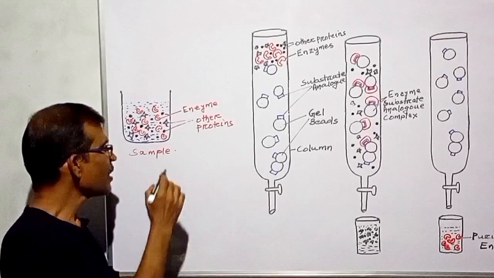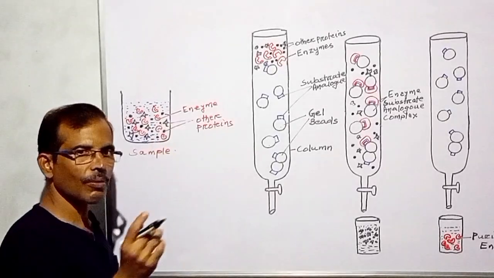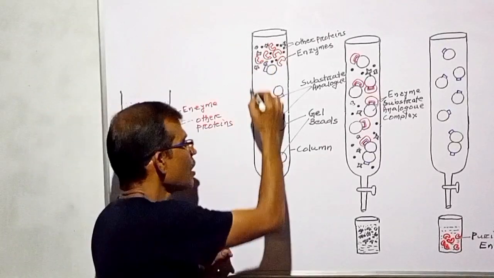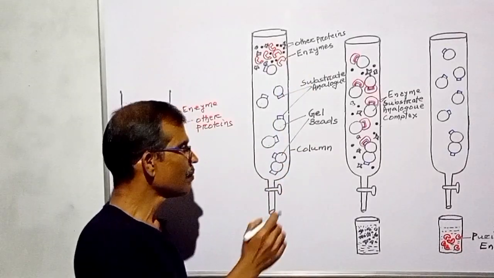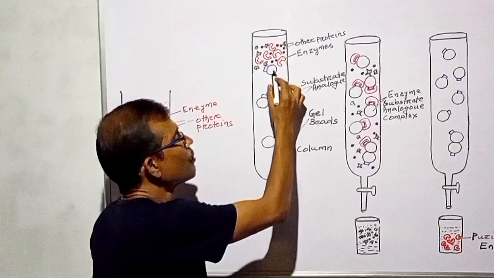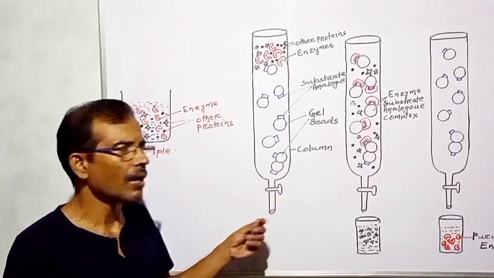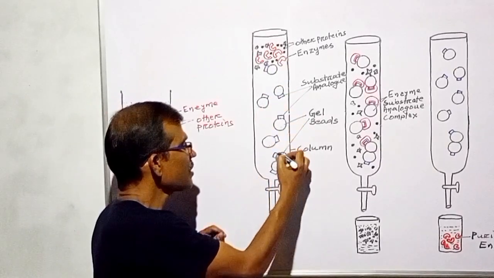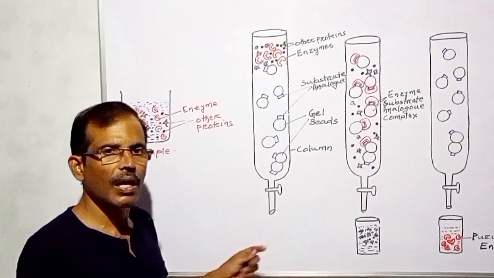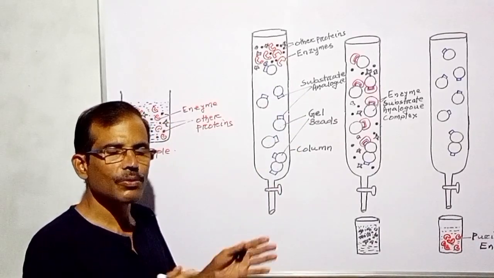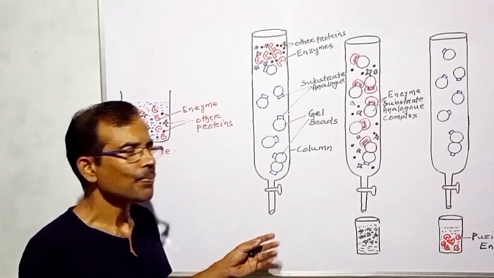To purify this enzyme by affinity chromatography, a column is first packed with a suitable support medium such as agarose. After packing the column, the supporting matrix of agarose gel beads will be coupled to a substrate analog that will bind to the particular enzyme.